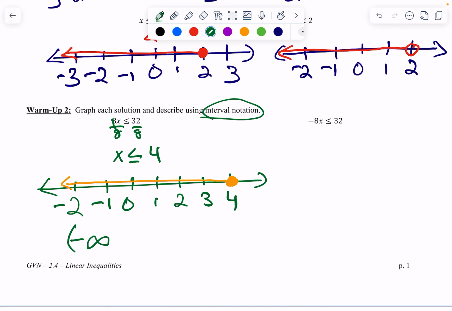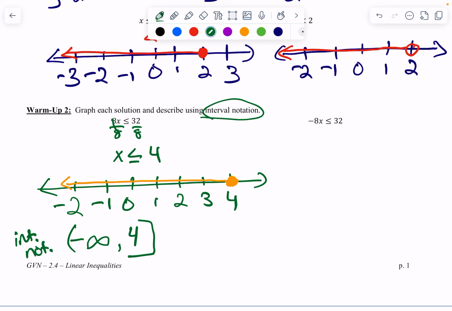Infinity and negative infinity are always marked with parentheses. Next, we're going to put a comma and then all the way to where this stops. Well, it stops at 4. And 4 is included, so it is going to be a bracket on the right side. So this is the interval notation, negative infinity to 4.